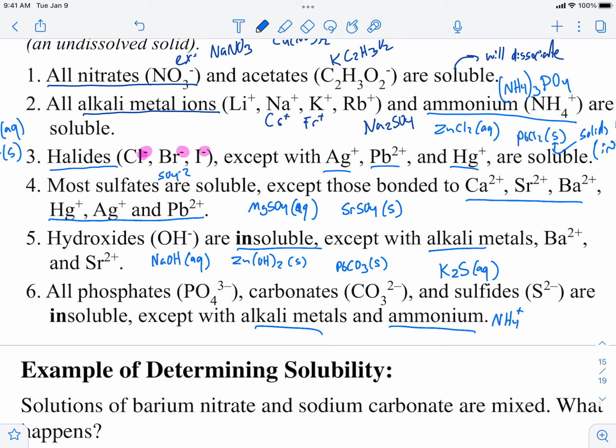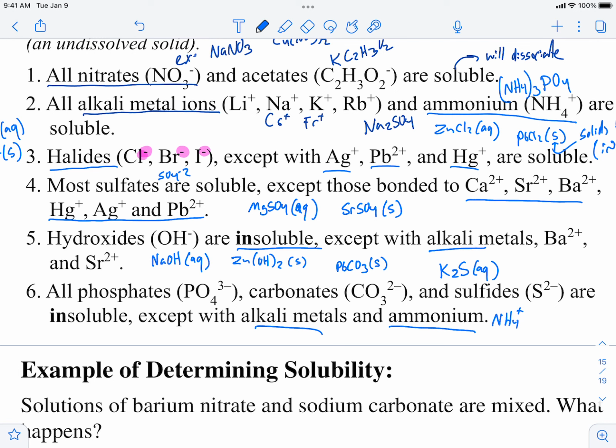All right, so how is this applied? We have this list of rules, so what? You look at a compound just to tell if something is a precipitate or not. Well, the application is we mix things all the time in the lab here, but even commercially.